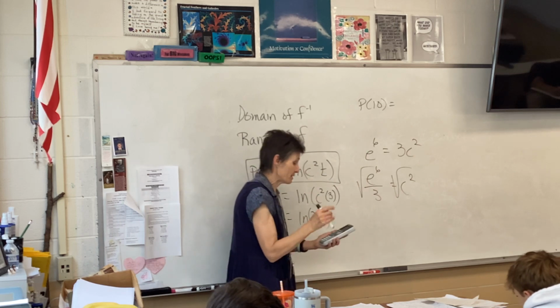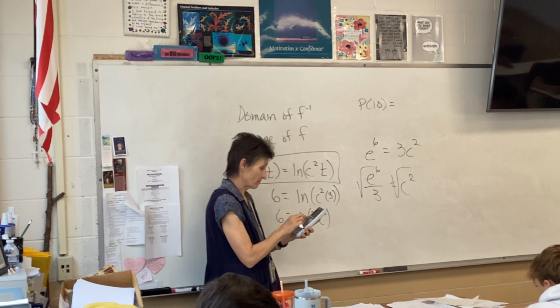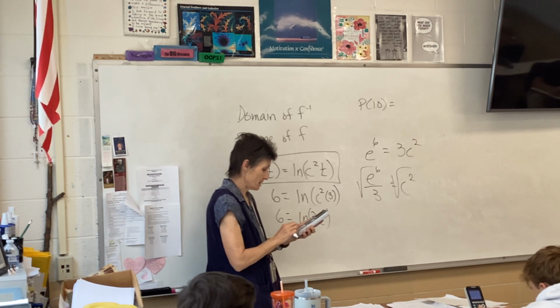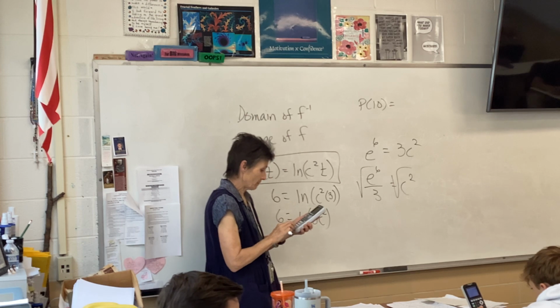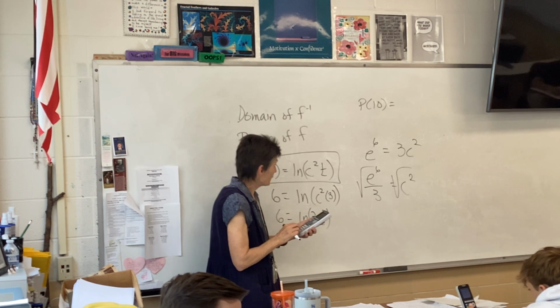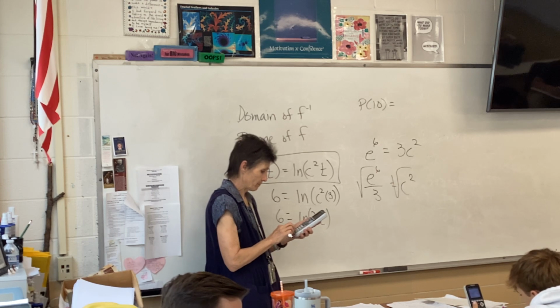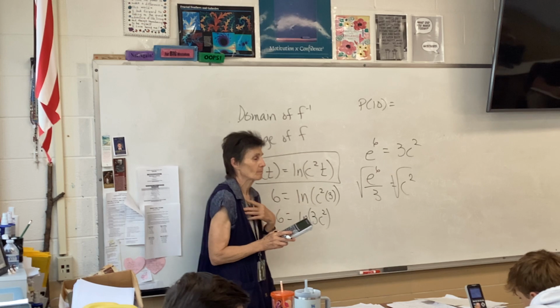Now that is not going to be the answer to the question. That's going to be C. So e to the 6th divided by 3, square root. What did you get for C?